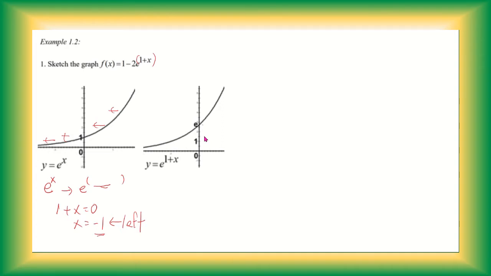We can calculate the value by substituting x equal to 0 into this formula, but not the original question, because we haven't come to the final step. So e to the power of 1 plus x gives y equal to e, so the value of the new y-intercept is e. Up to this step, we have already finished the x transformation.